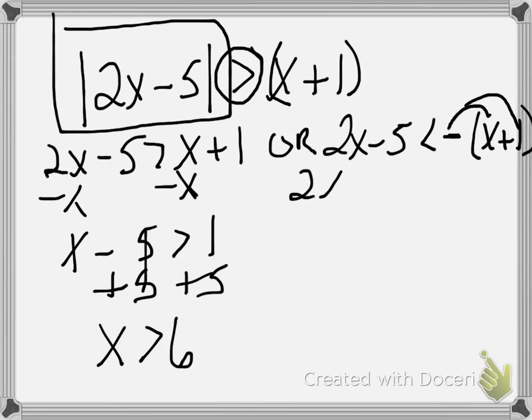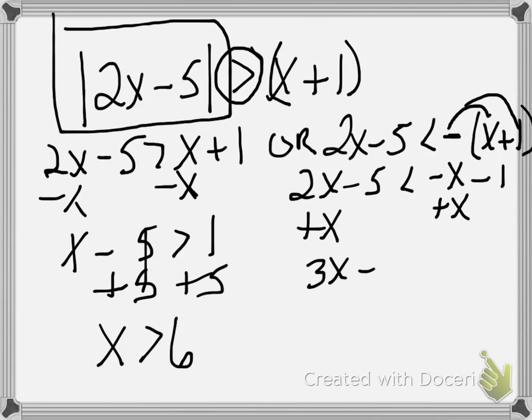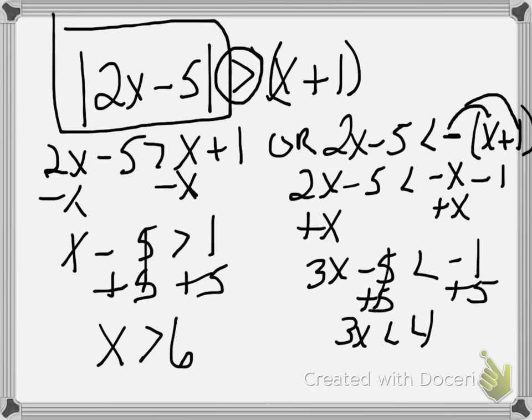So it's going to be 2x minus 5 is less than negative x minus 1. So this time I'm going to add x to both sides. I'm going to get 3x minus 5 is less than negative 1. I'm going to add 5. So 3x is less than 4.